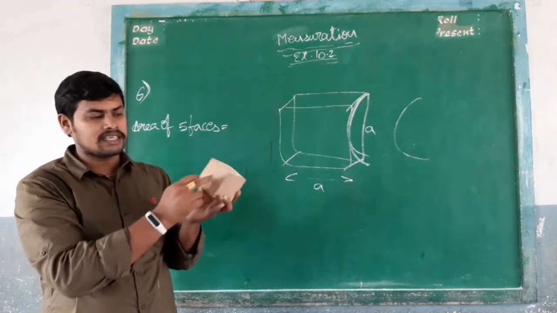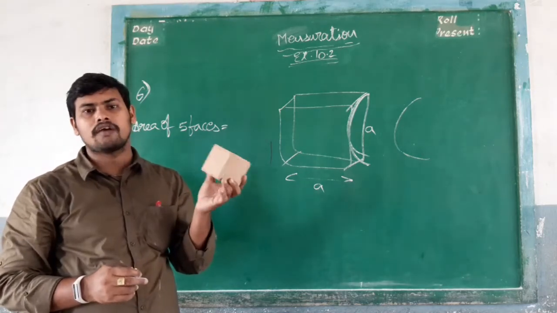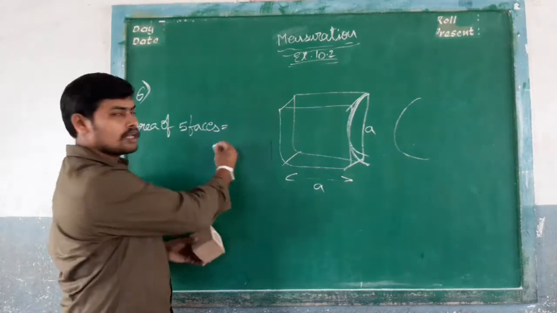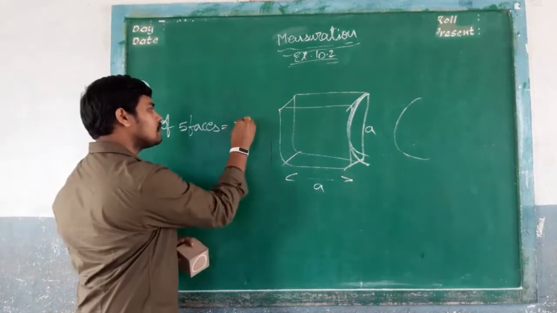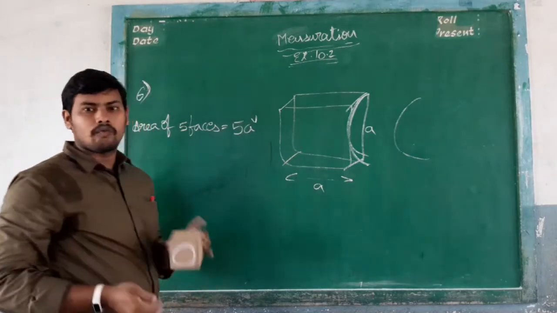Area of each square is A square. So how many faces remain? 5 faces. So 5 A square.